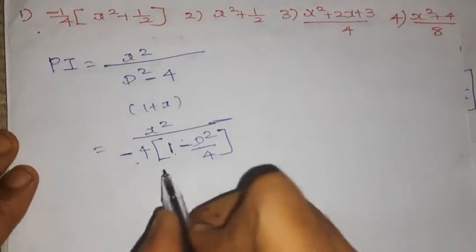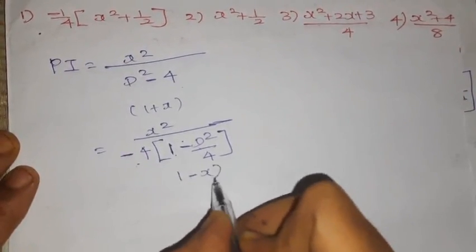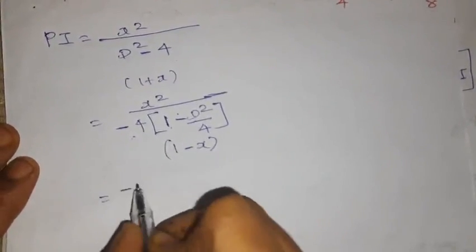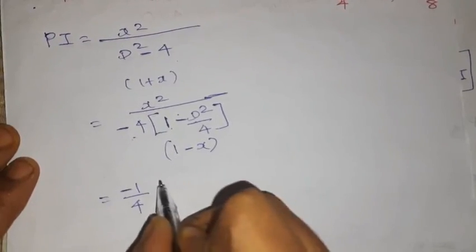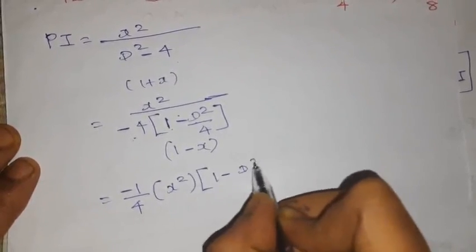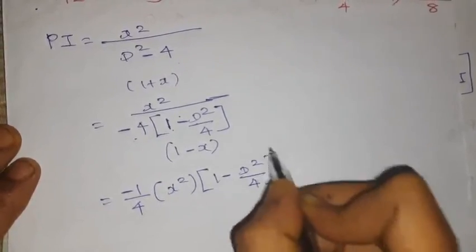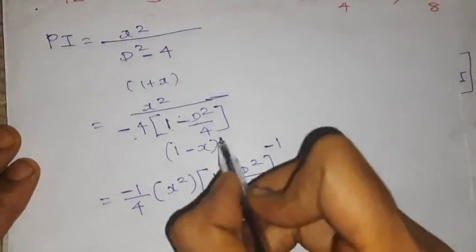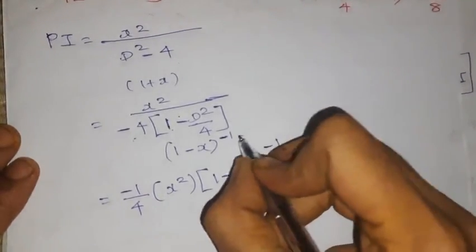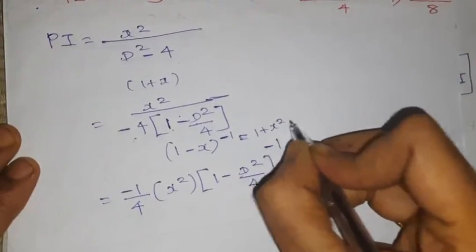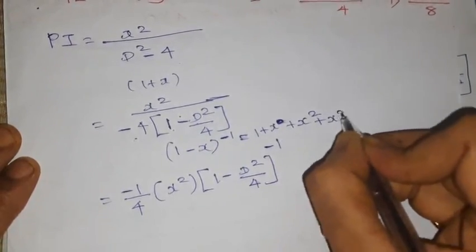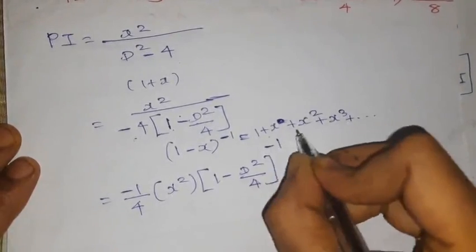So taking constants, this is of the type 1 minus x form. So this will go to the numerator, minus 1 by 4, and this is x squared. What is in the numerator? 1 minus d squared by 4 the whole power minus 1. So this is of the 1 minus x the whole power minus 1 format. So what is the expanded term? 1 plus x plus x squared plus x cube. We should be very careful with the sign.